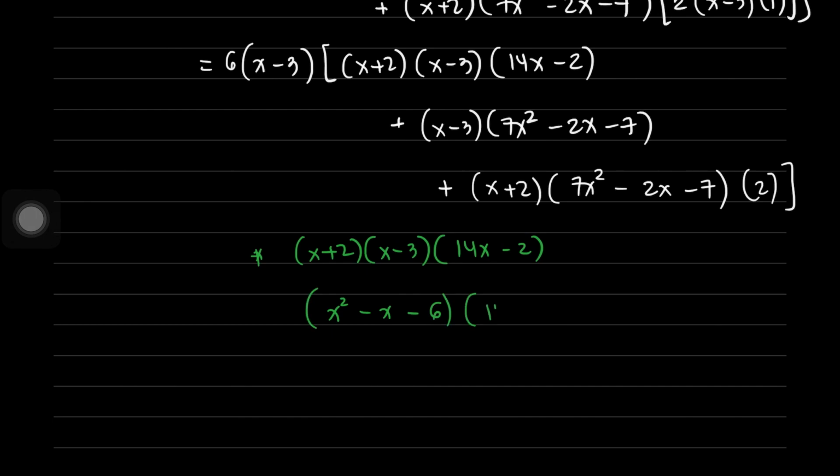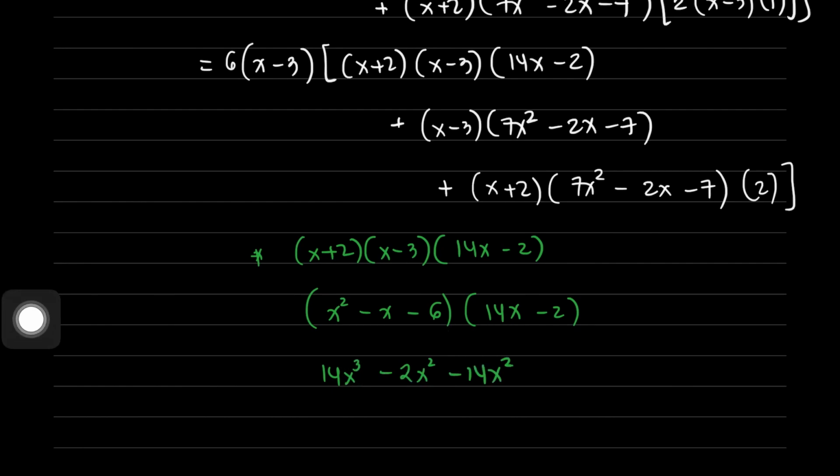Alright, and if we're going to multiply this one with 14x minus 2, so that will give us 14x cubed, x squared times negative 2, so that is negative 2x squared, and then we have negative x times 14x, so that is negative 14x squared, and then we have negative x times negative 2, so that will give us positive 2x, and then negative 6 times 14 is equal to negative 84x, and negative 6 times negative 2 is positive 12.